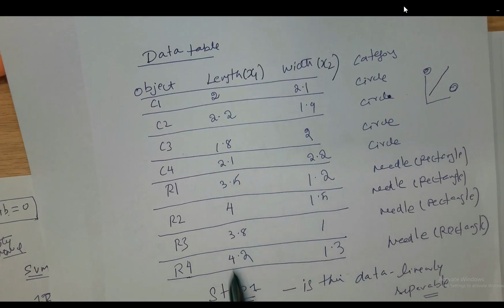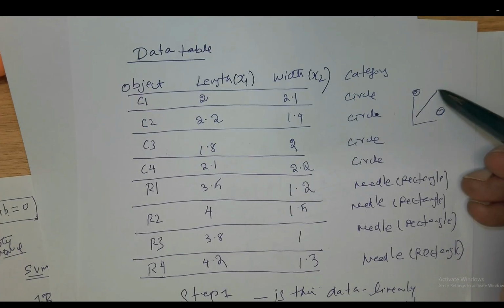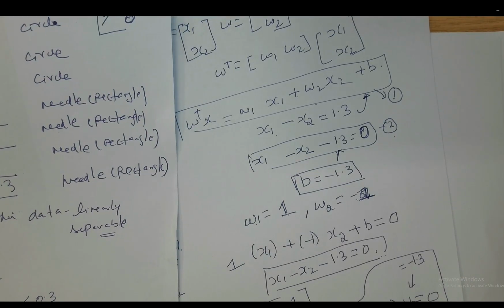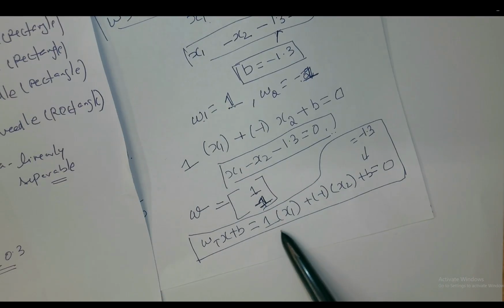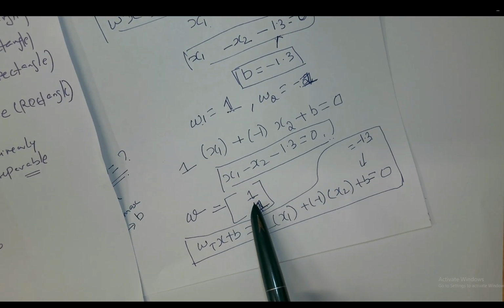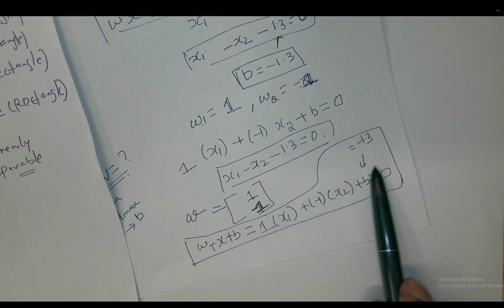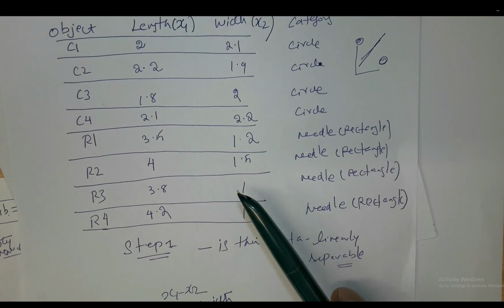If I plot this data on a two-dimensional graph, I can show that this equation, which we identified, with the vector 1 and minus 1, where weight 1 is 1 and weight 2 is minus 1, could be the right hyperplane for this type of problem.